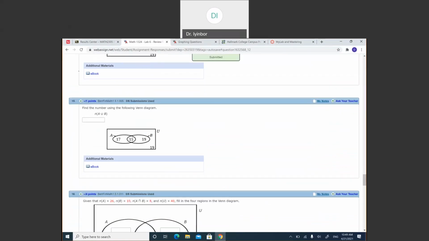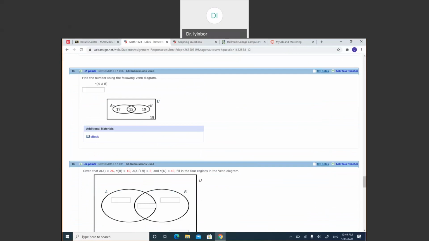Okay, here number 15, we have n(A union B). So that means you're going to include all the numbers which are in A and B also. It's going to be this one. So we have to add 17 and 15 and 19. So these are the numbers I need to add, because A union B means everything in A, everything in B. And I get 51.